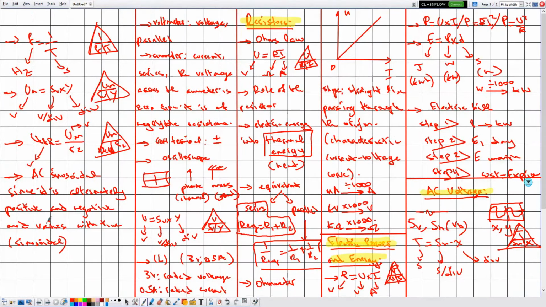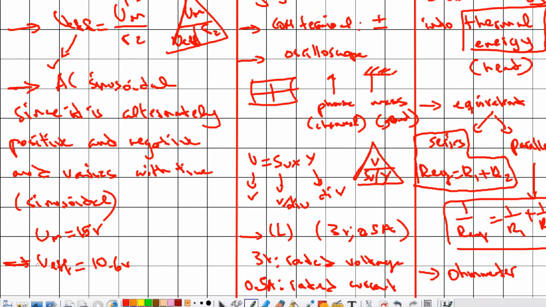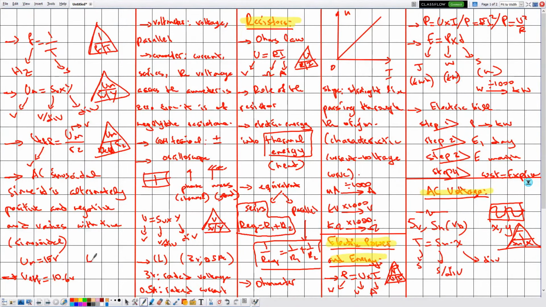Now I want to mention something else. Suppose for some reason the maximum voltage is 15 volts and the effective voltage is 10.6 volts, and we have a lamp. You can check that if you divide 15 by radical 2, it's going to be 10.6, and the lamp carries the indication 15 volts, and they are discussing the functioning of the lamp.